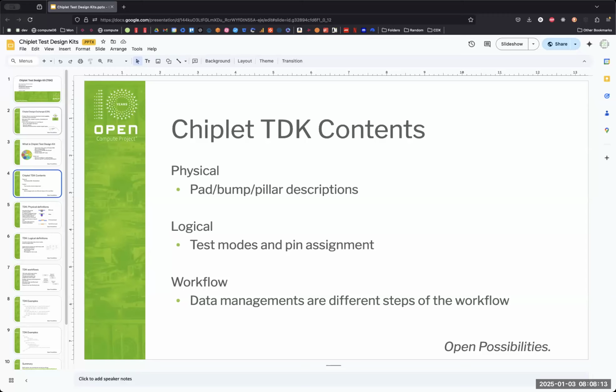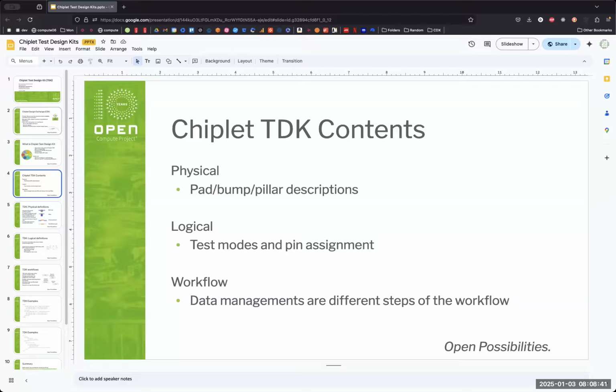Really, what we are capturing in that section are the different test modes that a chiplet will have, and how pins are being used under different test modes. In the follow-up slides, I have a little bit more of the description for each one of these. This is just a high level. And last but not least is the workflow.